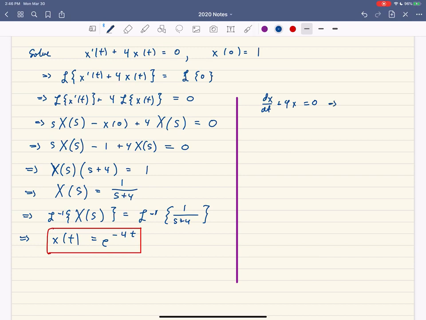This means that if I move negative 4x over, dx dt would be negative 4x. That means that 1 over x dx is negative 4 dt. Integrate both sides. Natural log of x is negative 4t plus c, which means that x is c e to the negative 4t, and then you can get c equals 1 by using the fact that x of 0 is 1. This is a much faster way to solve the problem.